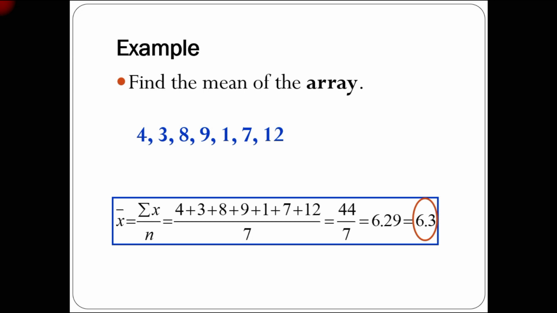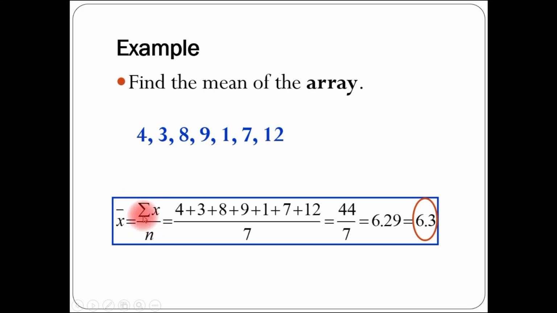Now, let's have an example. We have this 4, 3, 8, 9, 1, 7, and 12. Bibilangin natin yan, ang total or ang class size natin is 7. 1, 2, 3, 4, 5, 6, and 7. Okay. Now, yung 7 na yun yung magiging class size or n natin. And using the formula, we have the x bar or the sample mean equal to the summation of x over n.